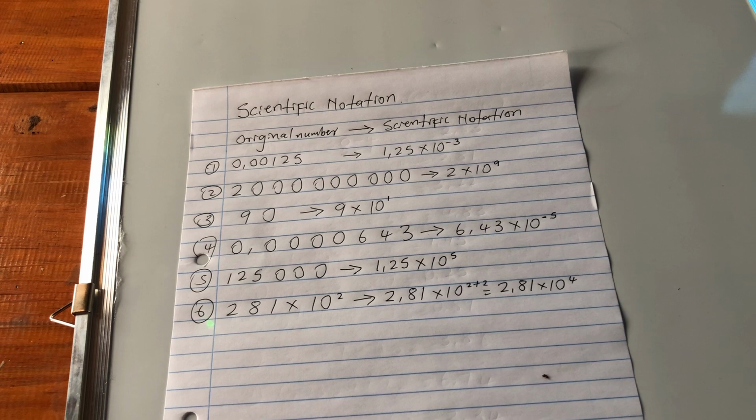Let's look at number 6. We are given a number in this form. One can say it is already in scientific notation. What is it that we must do here?